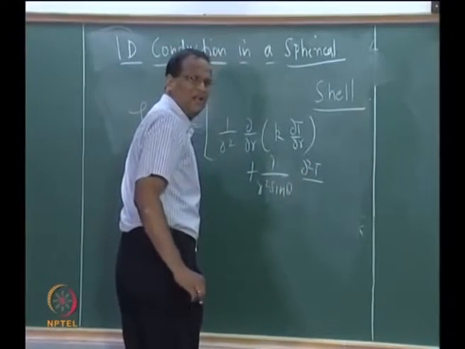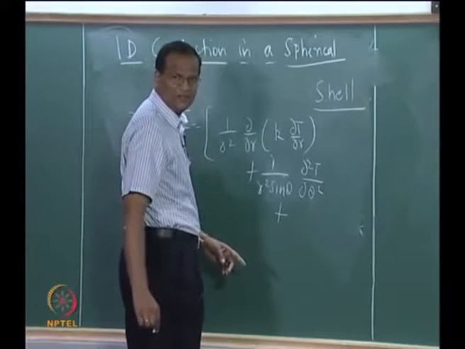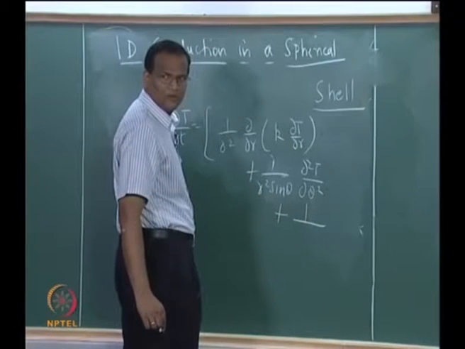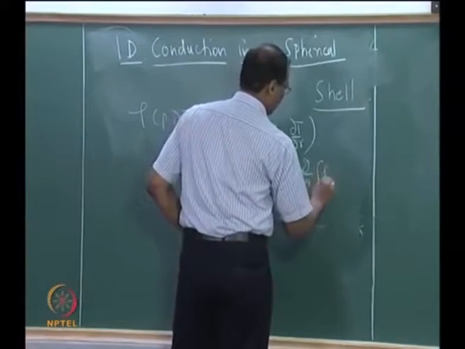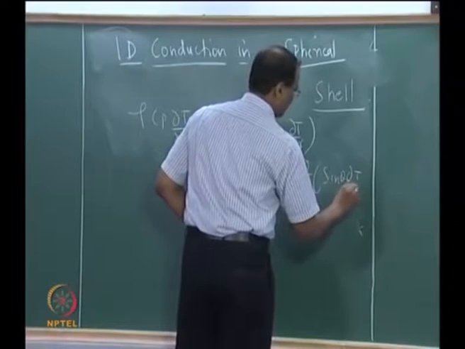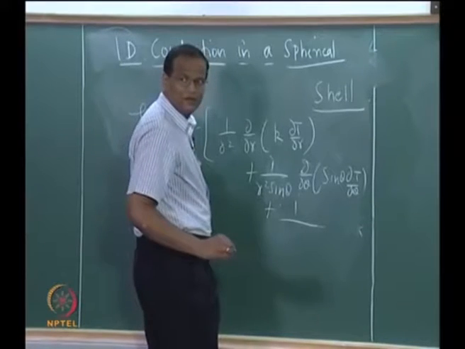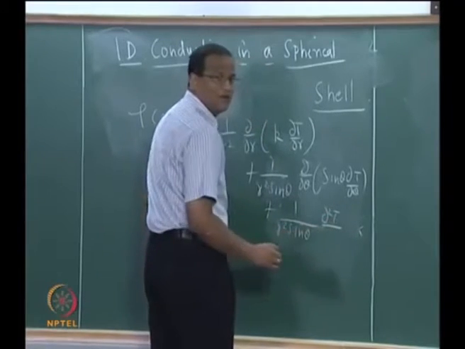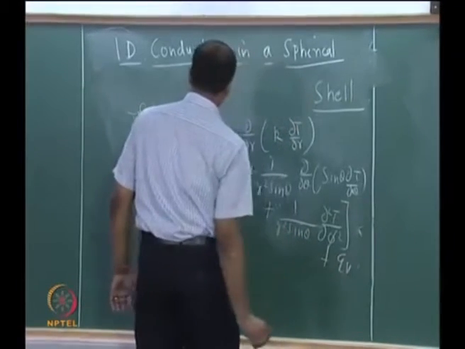Theta by, plus 1 by r squared sin theta, is it? Dou by dou theta of sin theta, okay, then plus 1 by r squared sin squared theta, dou square T by dou phi square, by k, huh?